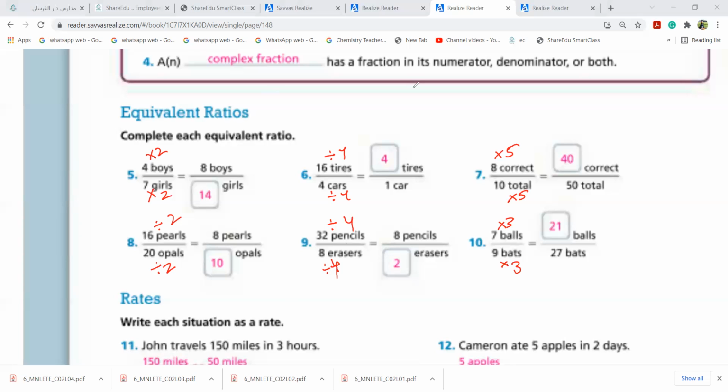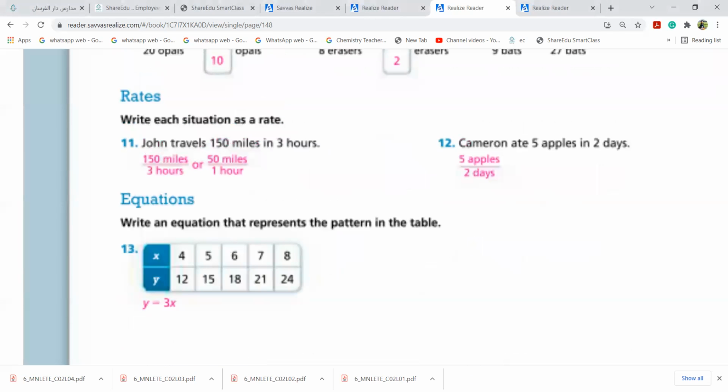Can I erase all of it? Yes, miss. Now here, I have taught you in grade 6 very well. John traveled 150 miles in 3 hours. They want it as a rate. Rate means for 1 hour, how much? See how I write?